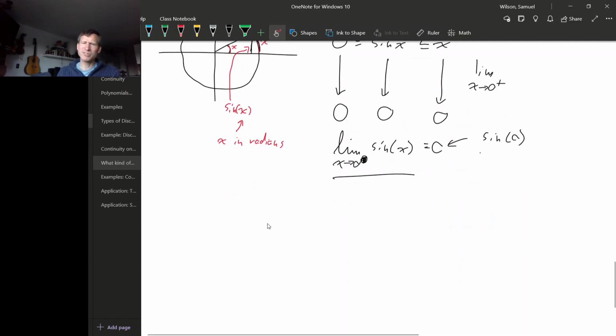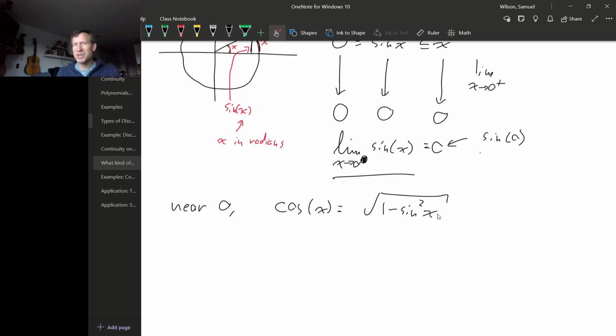Well, what about cosine? For x values near 0, cosine of x is just the square root of 1 minus sine squared x. And then we can use the limit laws, right? Here we have a root of a difference of a square of a continuous function.